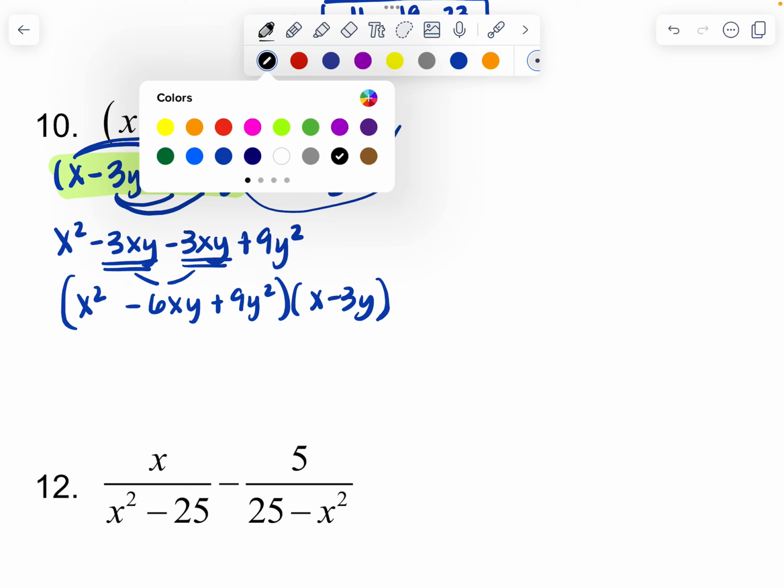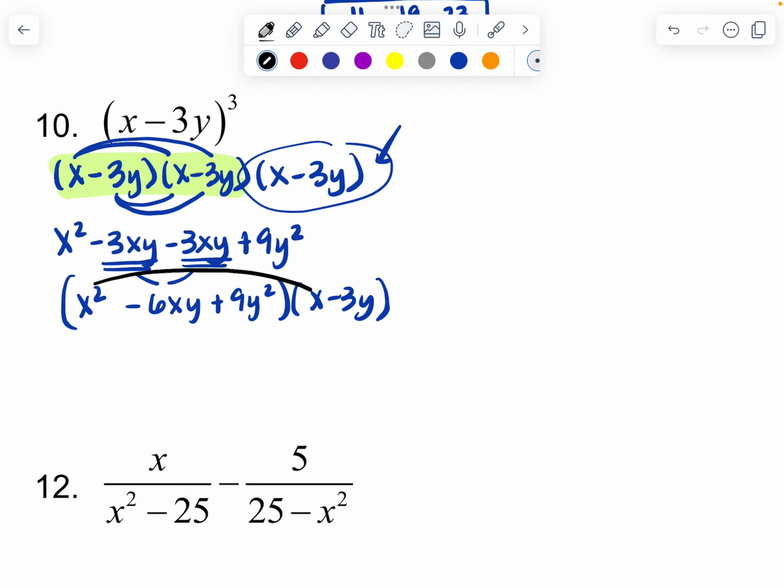We do different colors here. Okay, so let's take this x squared and multiply it by both of these. So for the first little part, x squared times x is x cubed, and x squared times negative 3y is negative 3x squared y. So we just did the first one. Then maybe in red, we'll take the next term, the negative 6xy, and multiply it by x. So negative 6xy times x is negative 6x squared y.